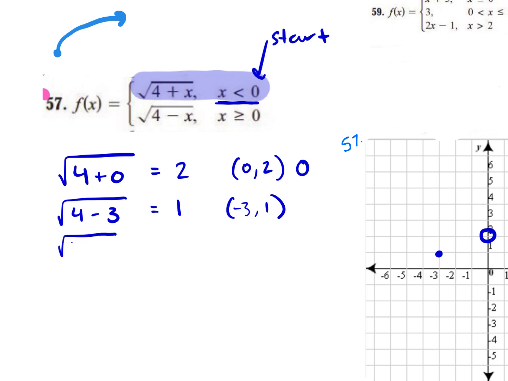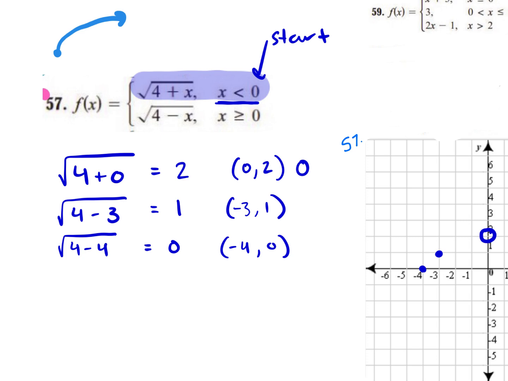Let's plug in -4. So 4 minus 4 would be 0. Square root of 0 is 0. So -4, 0. Now again, this just gives us direction. It's not a defined open or closed circle. So go to the left, -4, stay at 0. So this is good. We're starting to have that square root graph shape.